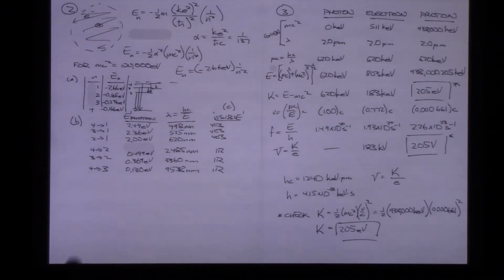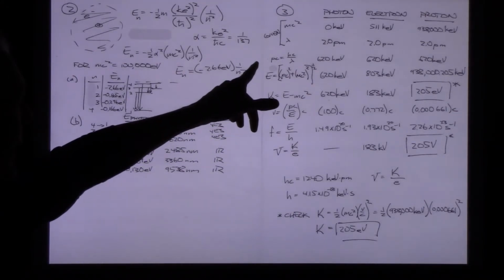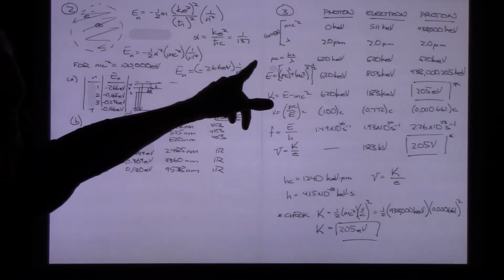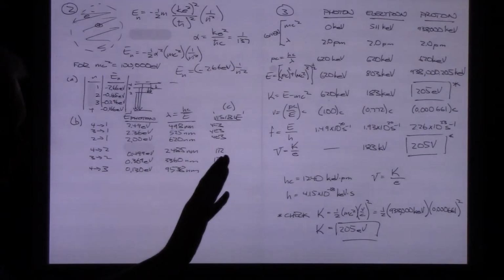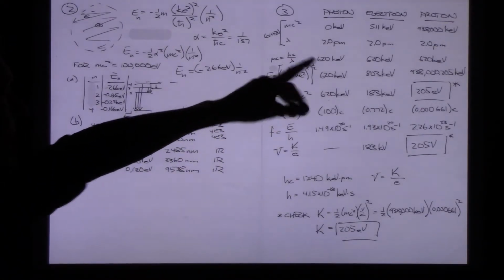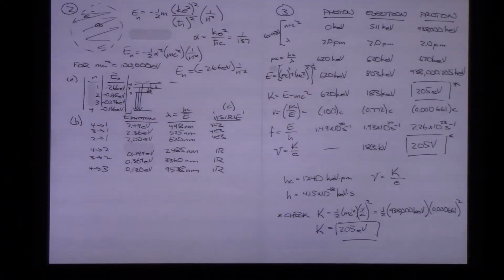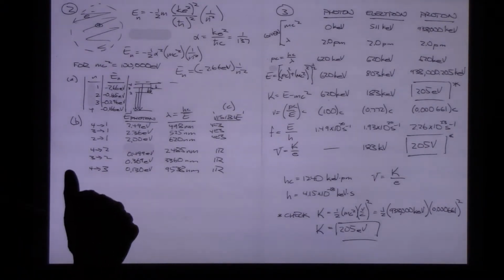If these 3 types of particles all have the same momentum, they're going to have the same wavelength. And so I used my general formula for relating momentum and wavelength. And it turns out that all these particles have a momentum of 620 keV. So perfect, we got the first line filled in there.